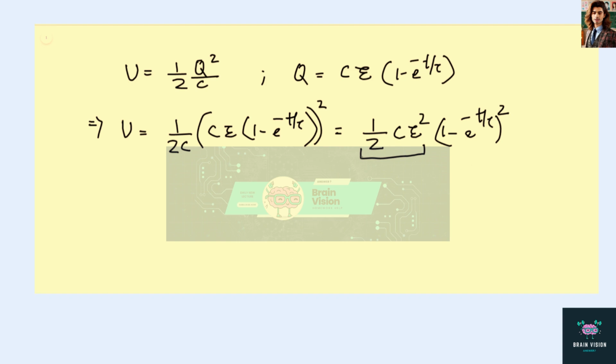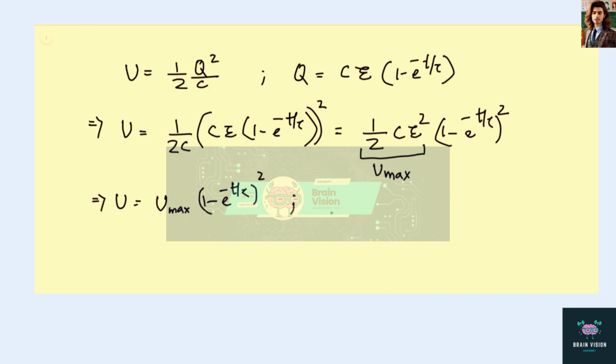So this part, let's write that as maximum potential energy. And we know that U, so let me just write the same equation again. So we got U equal to U max times 1 minus e to the power minus t over tau, squared.